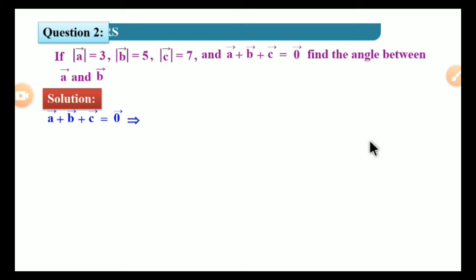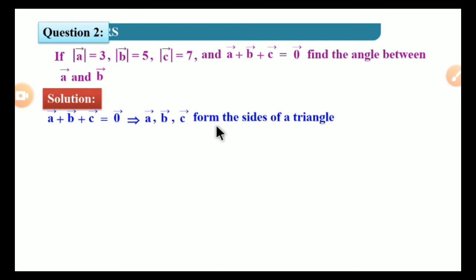So definitely this implies A, B, C form the sides of a triangle, because already we have seen in the triangle law of addition of vectors, here the addition of consecutive sides is equal to 0 vector, right?